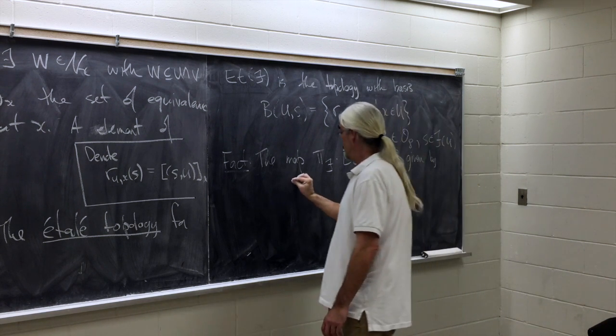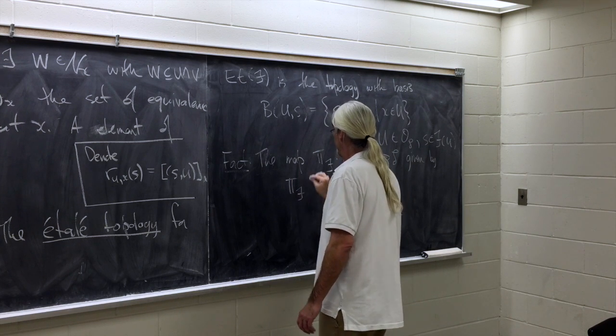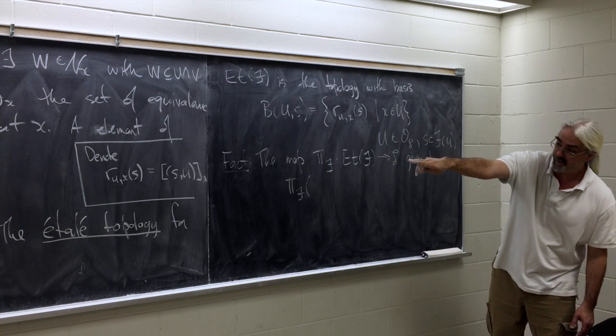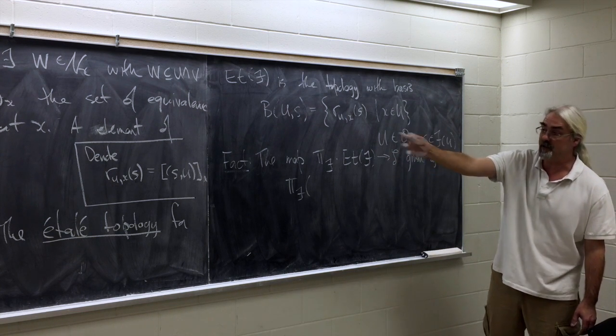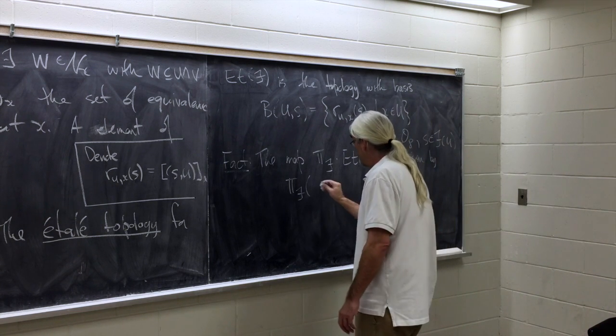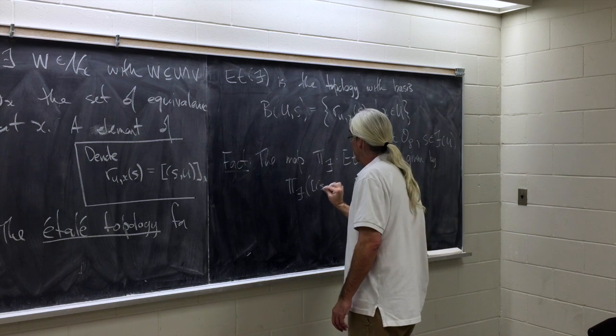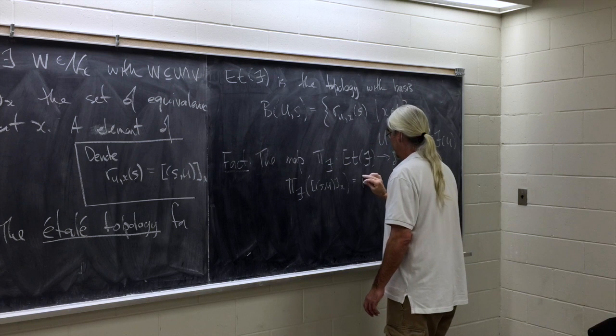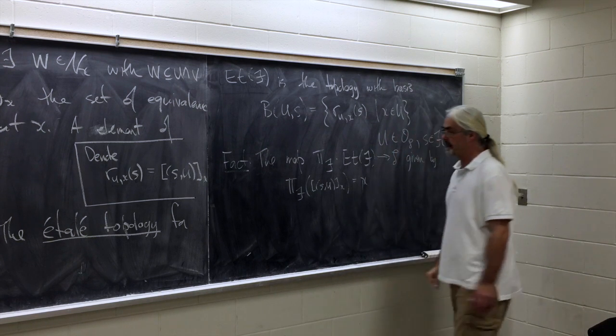So pi f of an element of the étale space, which is by definition an element of some stalk, so some equivalence class [s]_x of a section s over U, is x, of course.